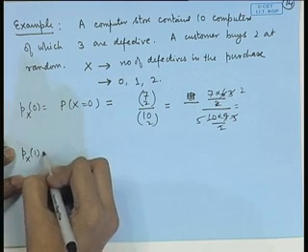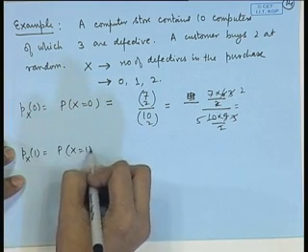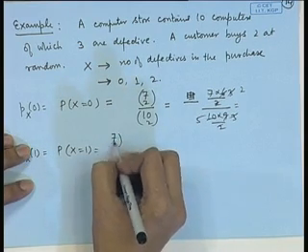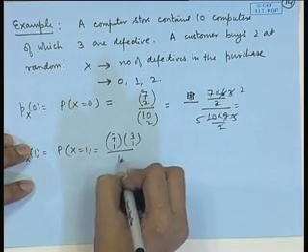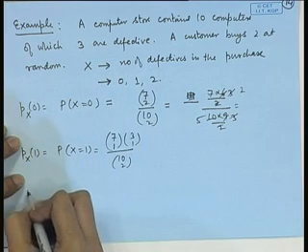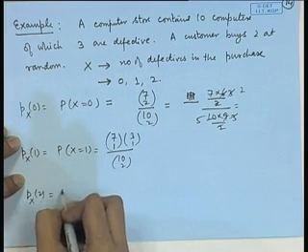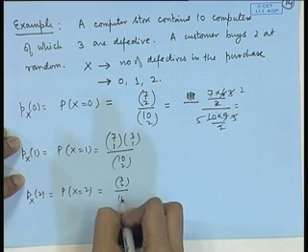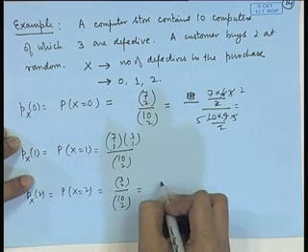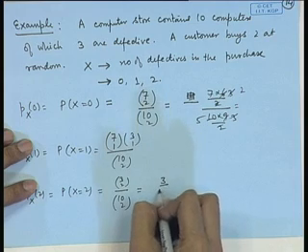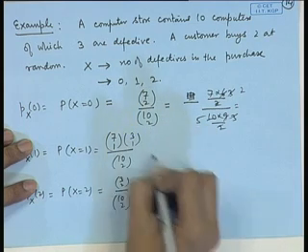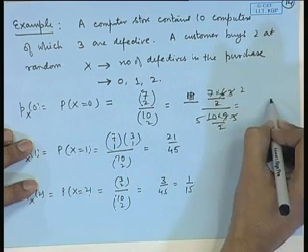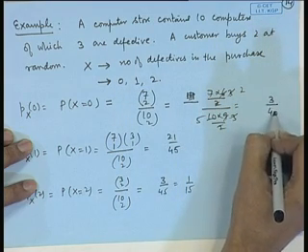If I consider the probability of X equal to 1, then it is equal to 7 C 1 times 3 C 1 divided by 10 C 2. If we consider P(X=2), that means both purchased are defective, then it is equal to 3 C 2 divided by 10 C 2. So all of these values can be calculated: 3 by 45, that is equal to 1 by 15, and 21 by 45, and 3 by 45.